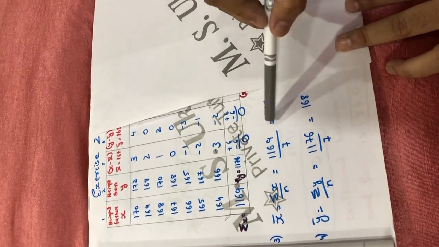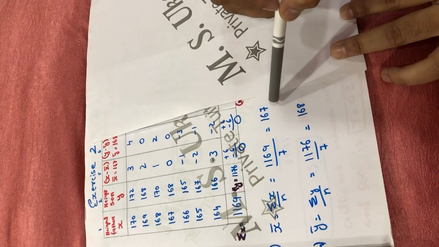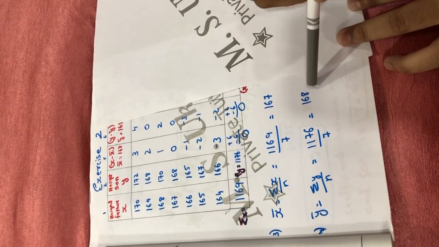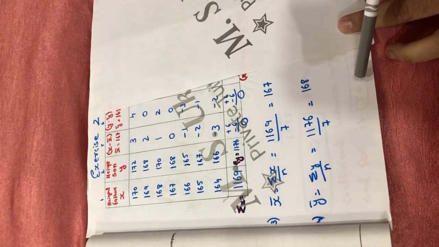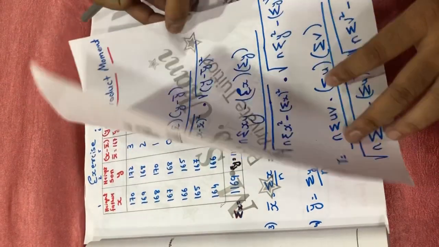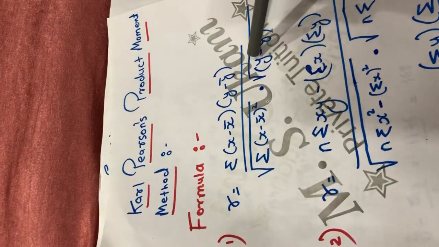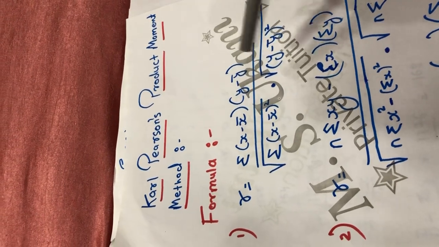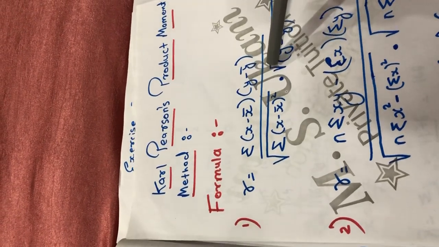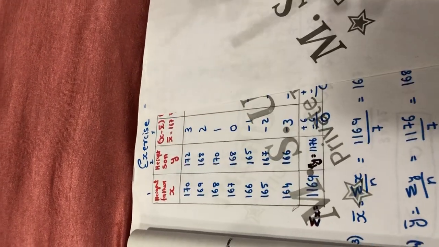So when the numbers are positive and below 200, then we have to use the first formula for Karl-Pearson product moment method. This is the first formula. When the numbers are positive and below 200, we have to use formula A. So let us do the sum.